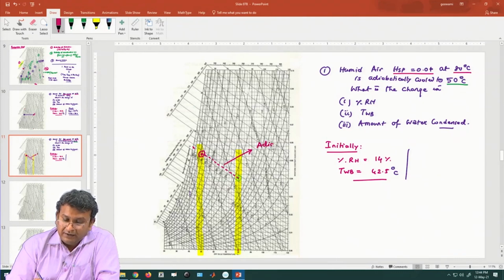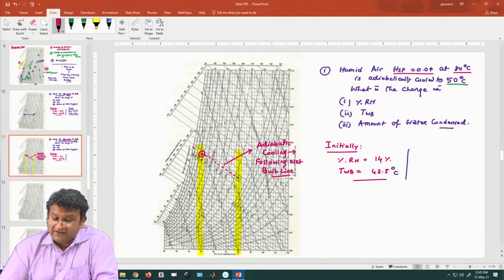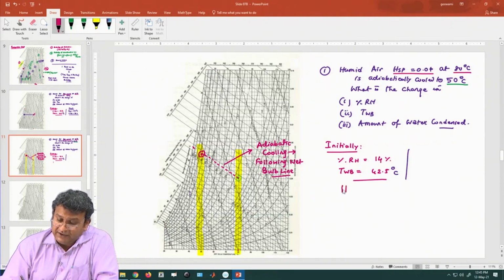So, what we learned is that if it says you are doing adiabatic cooling, then you are essentially following the wet bulb line, right. Under the final condition, what are the things that have happened? Please do also understand that here HSP was 0.04.